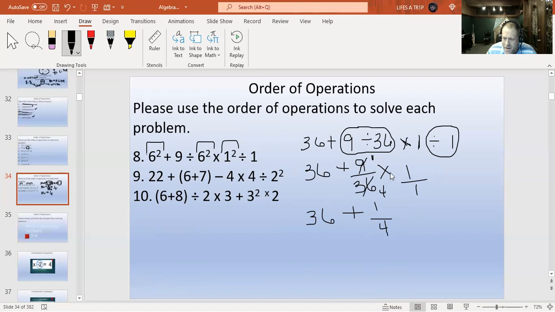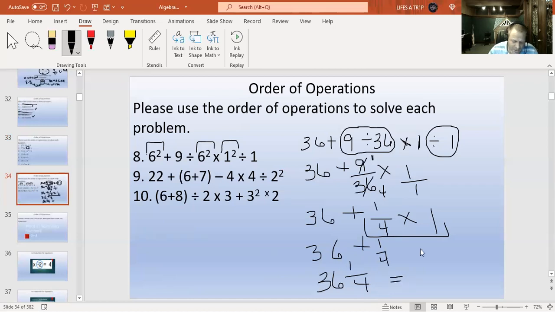And times 1 divided into 1 is 1. So then we do our times. And then 36 plus 1/4 is 36 and 1/4.